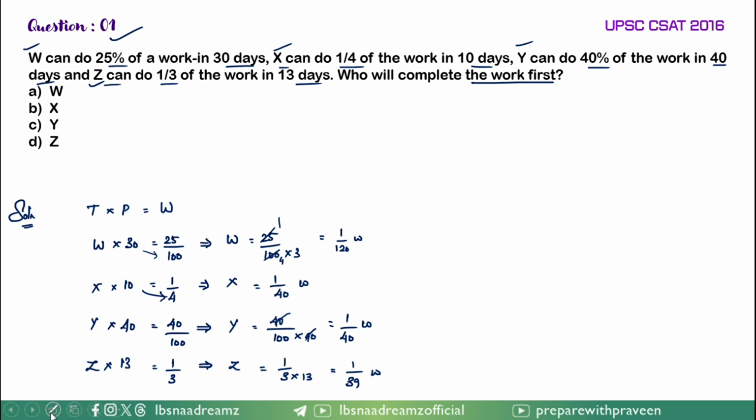So from this, we can easily tell the efficiency of W, X, Y and Z. To complete the work, W will take 120 days, X will take 40 days, Y will take 100 days and Z will take 39 days. So who is more efficient? Z is more efficient when comparing W, X, Y. So we can tell Z will complete the work first.